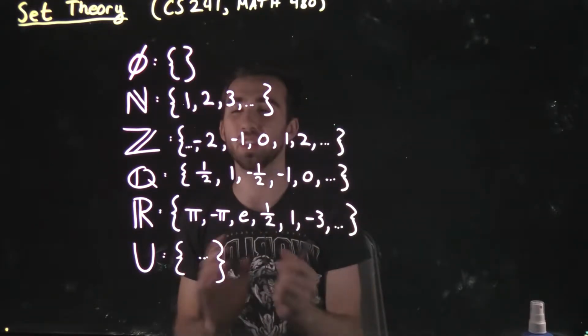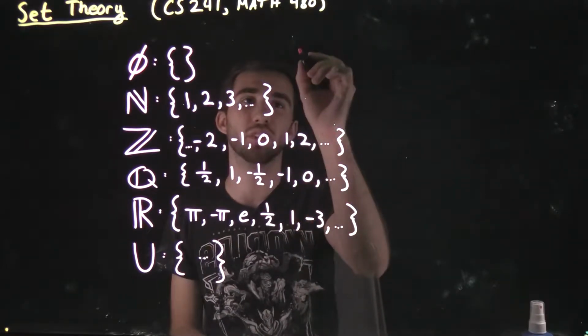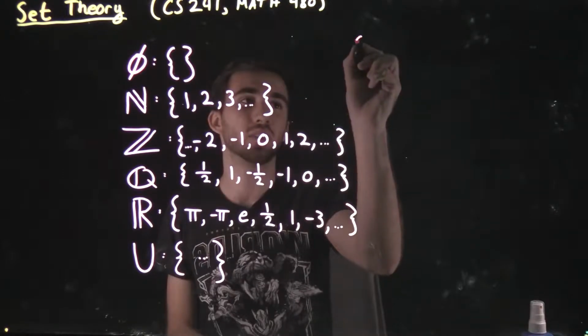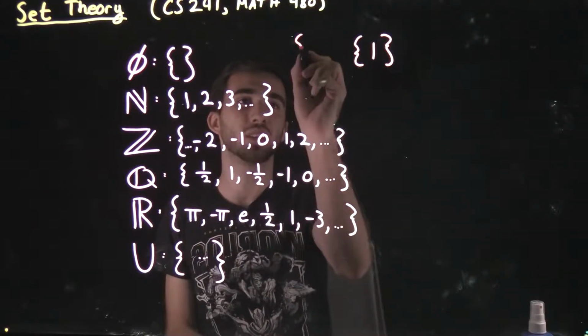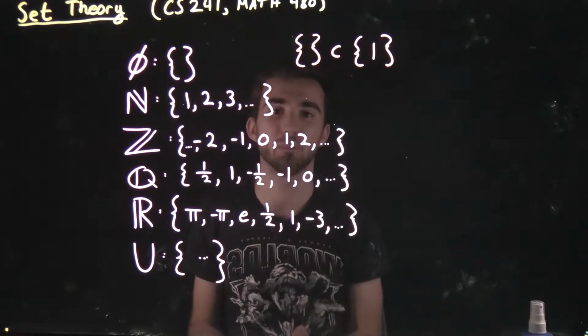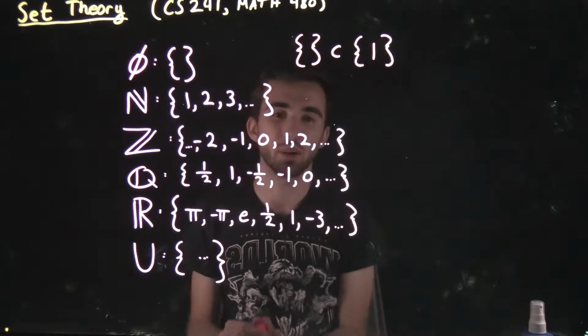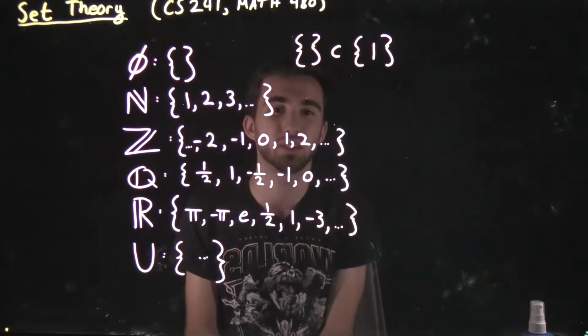The empty set has nothing in it, and also the empty set is a subset of every single set. If I have the set 1, well, the set that contains nothing is a subset of that. I would encourage you to look at the definition of the subset and try to figure this one out yourself.